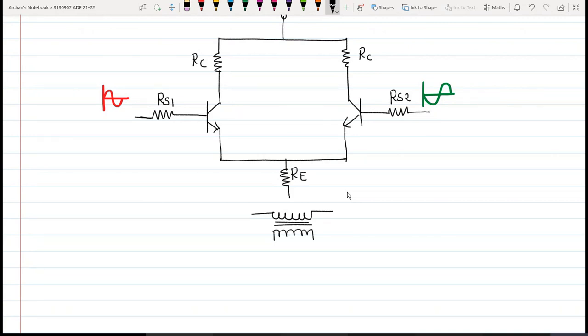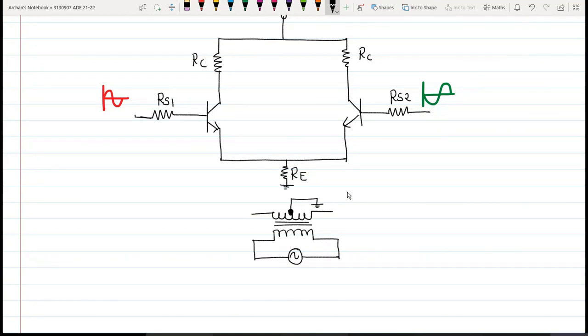This is my center tap transformer where I am providing a sinusoidal source to the primary of the transformer, and the secondary of the transformer is tapped at the midpoint of the secondary winding like this. This is RE.